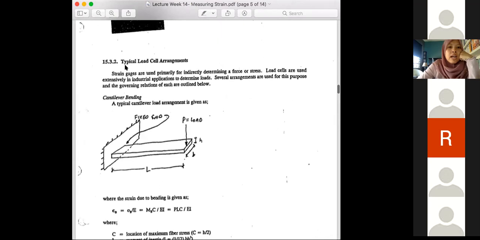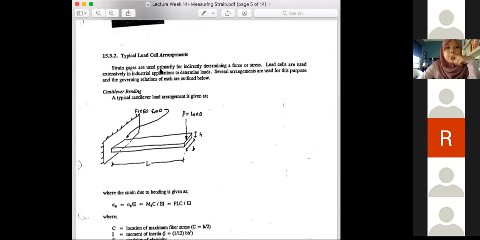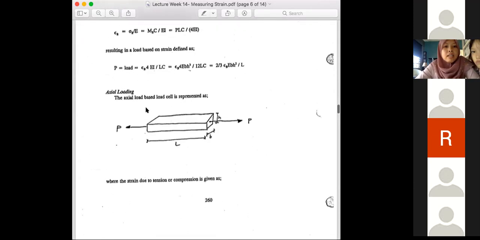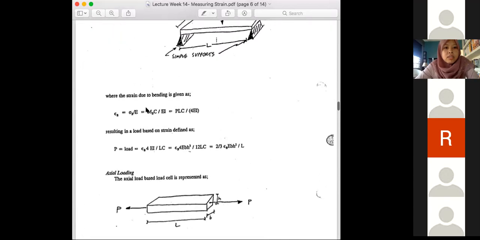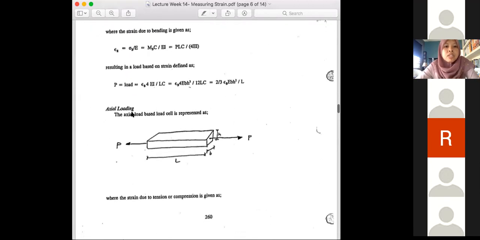Okay, so there are a few load cell arrangements. Ada 4 jenis load cell, 4 ke 3 kat sini yang dibincangkan dalam nota ni. Load cell arrangement. Yang pertama adalah cantilever bending. Okay, and then we have simply supported beam, dan juga kita ada axial loading load cell.